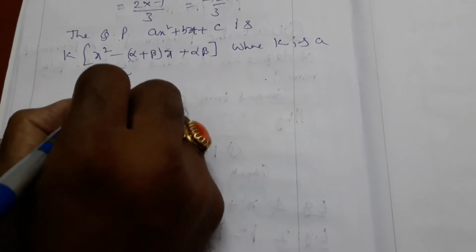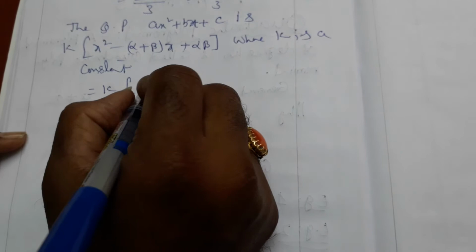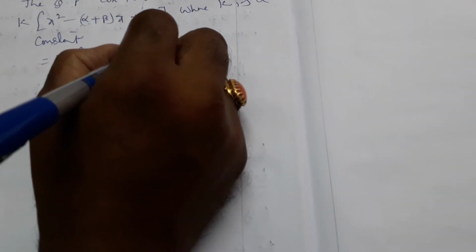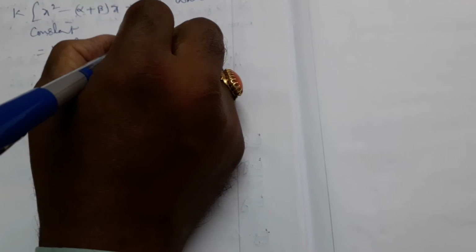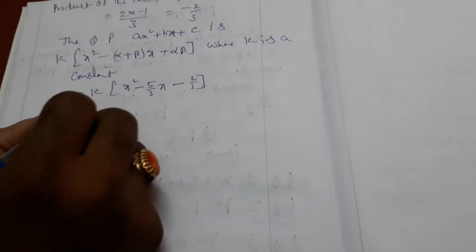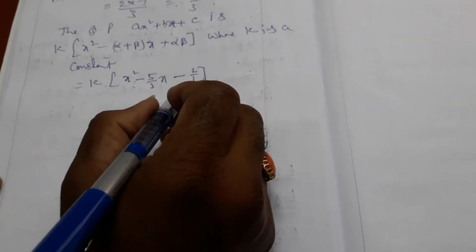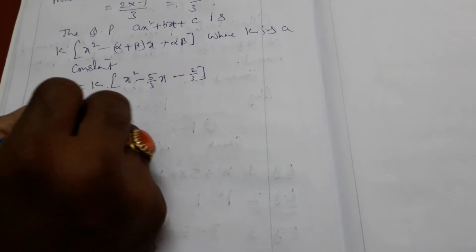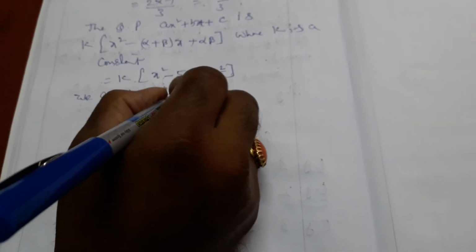That equals k into x square minus the sum of zeros, 5 by 3, into x plus alpha into beta, which is minus 2 by 3. This is the form after substitution.